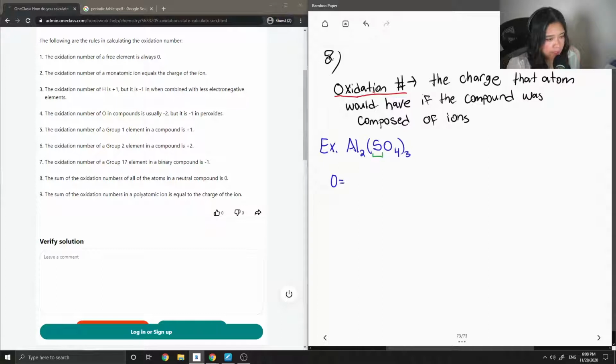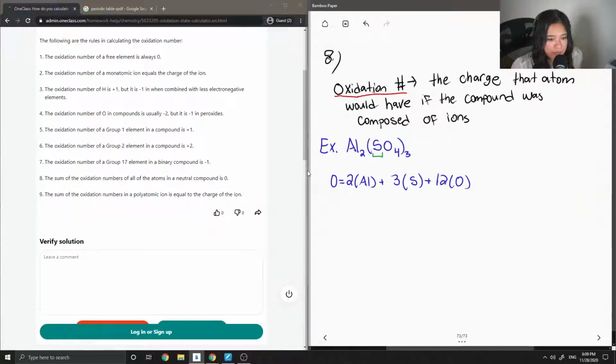And then to try and solve for the oxidation numbers, since rule number 8 says the sum of the oxidation numbers of all the atoms is 0 in a neutral compound, I'm going to do 0 is equal to 2 aluminum, since there are 2 atoms of aluminum, plus 3 sulfur, and then plus 12 oxygen.